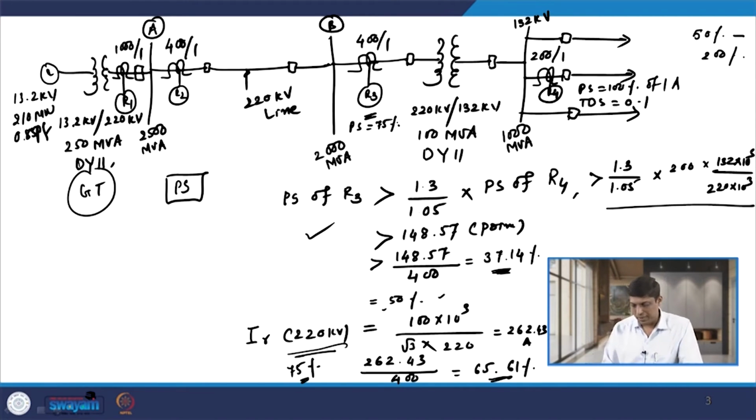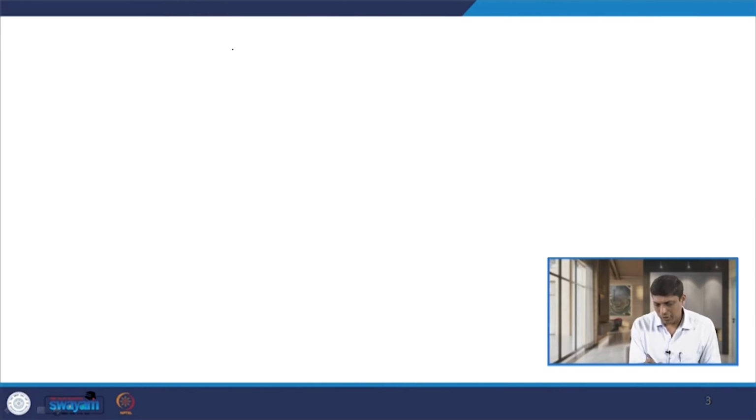is 400 ampere. Now let us decide the plug setting of relay R2, because the next relay towards the source from relay R3 is relay R2. To decide it, let us write down the plug setting of relay R2, that is greater than 1.3 upon 1.05 into the plug setting of relay R3.